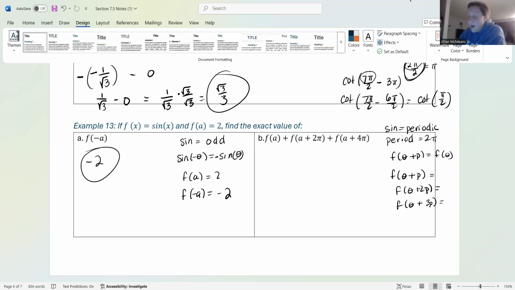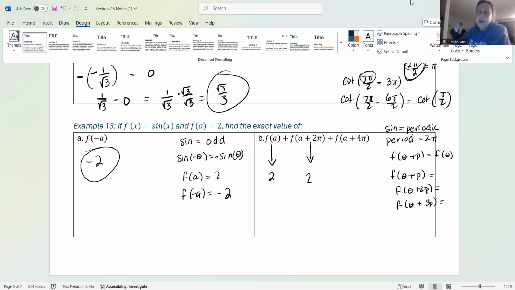So if I have f of a, we know that's 2, okay? F of a plus 2 pi is going to be the exact same thing because we're just going all the way around doing another revolution, so we're going to get the exact same value. So this is also 2, okay?